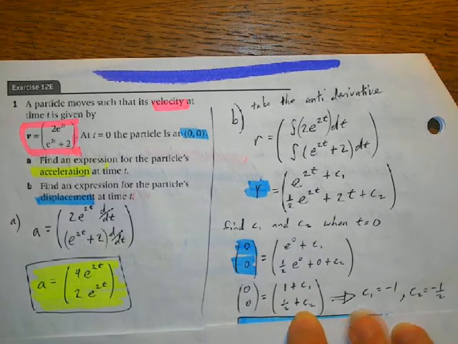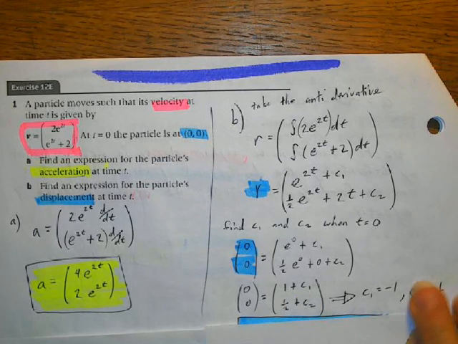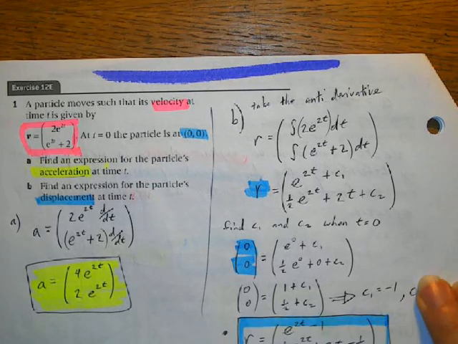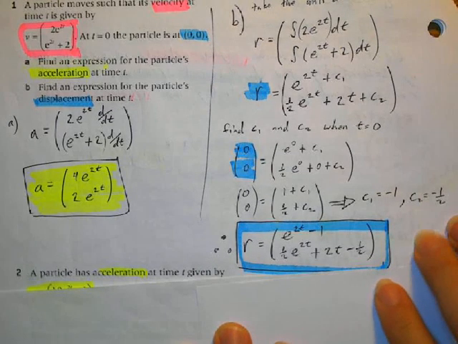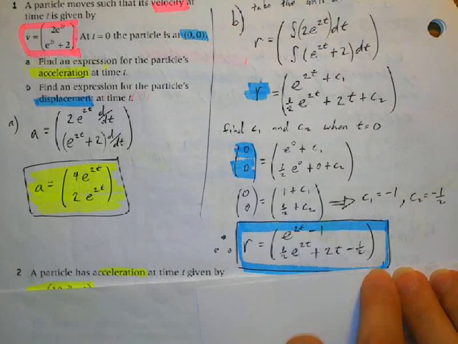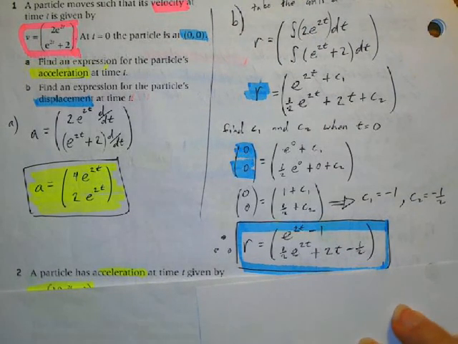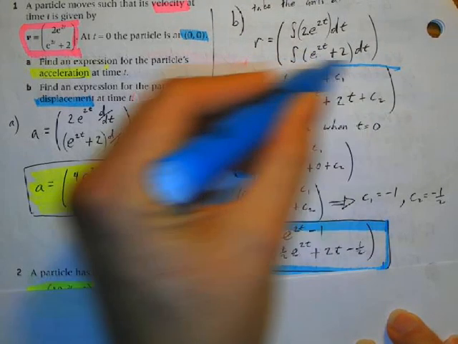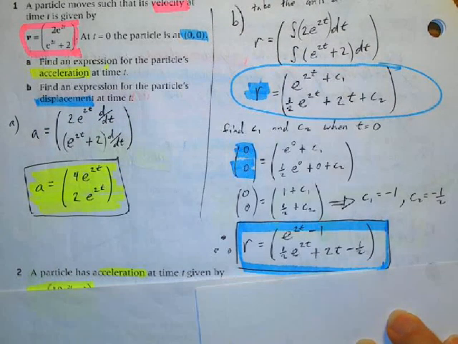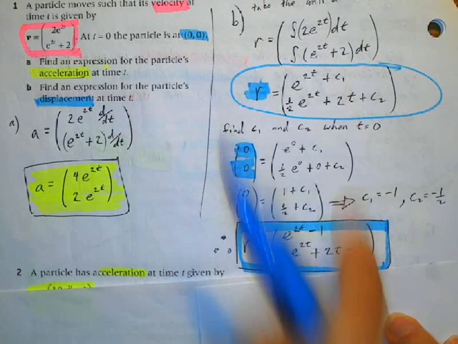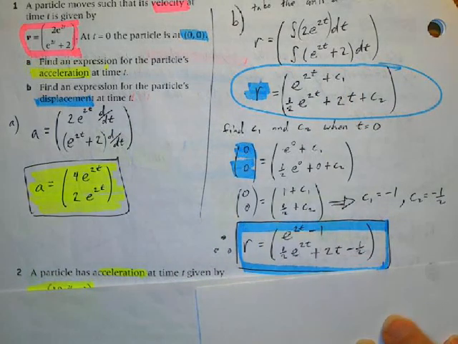So c1 is going to have to equal -1, and c2 is going to have to equal -1 half. Okay, so now that I've got c1 and c2, I've got my displacement vector. I just rewrote this, and I replaced c1 and c2 with -1 and -1 half.